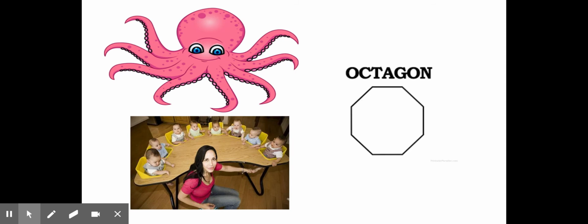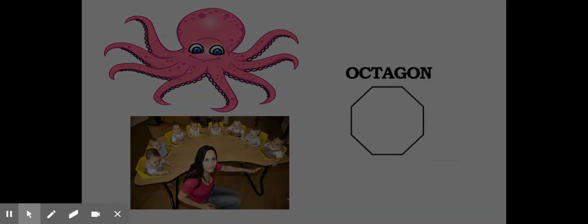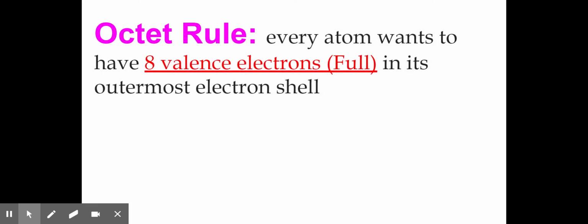So in chemistry, we also have a word which is called the octet rule. Okay, this is a very important rule. I need everyone to write this down in your notebook. Every atom wants to have 8 valence electrons in its outermost electron shell, or most outer energy level.